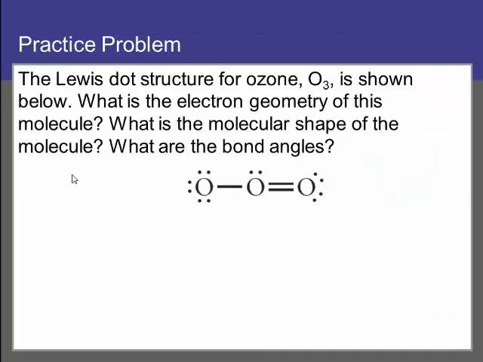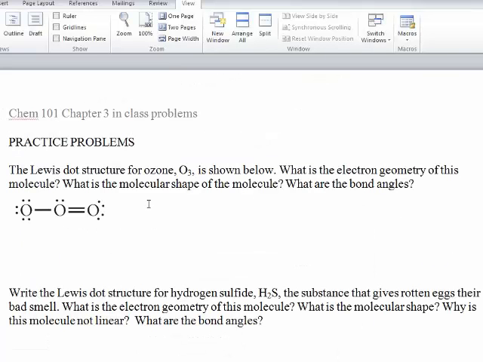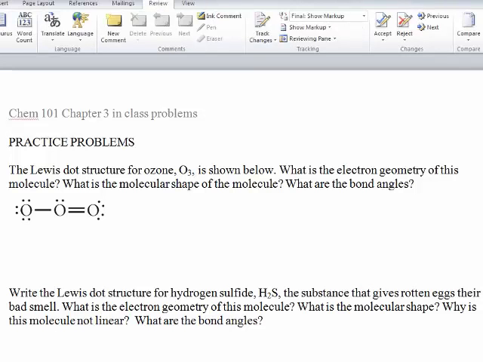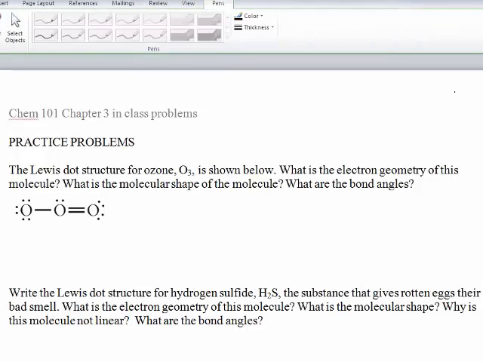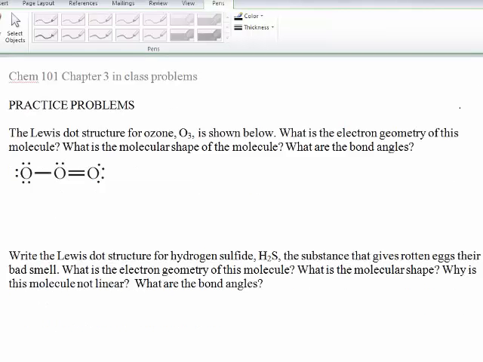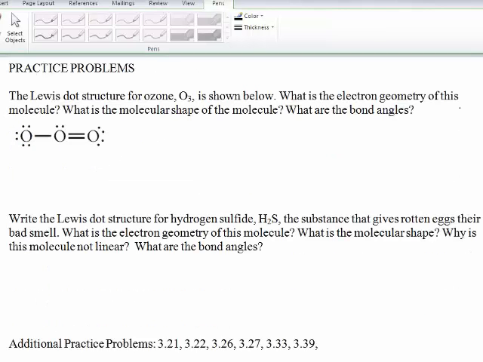So let's look at this Lewis dot structure for ozone here. And we may have to redraw it a little bit more clearly. So what is the electron geometry for this molecule?